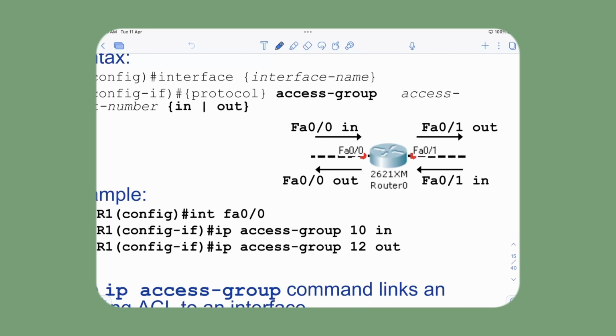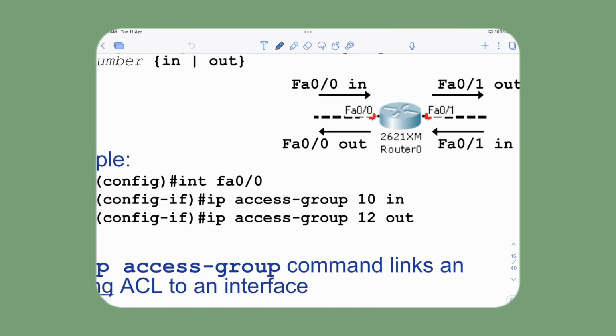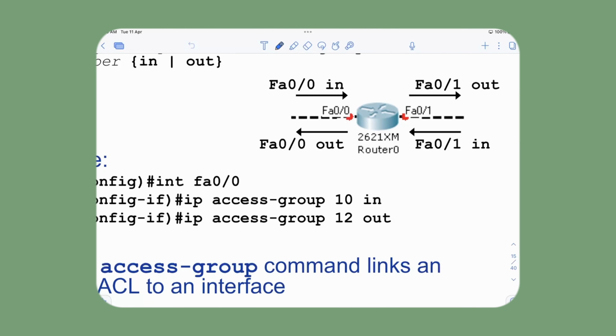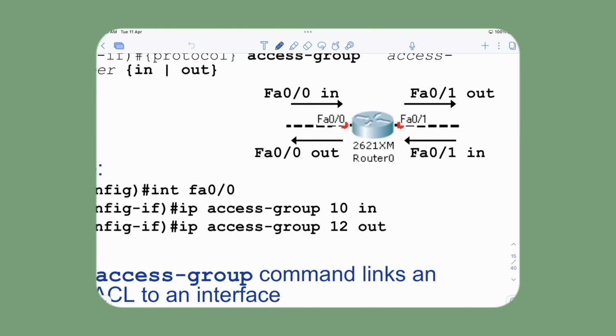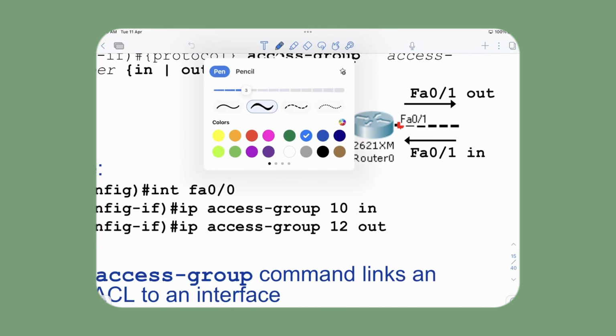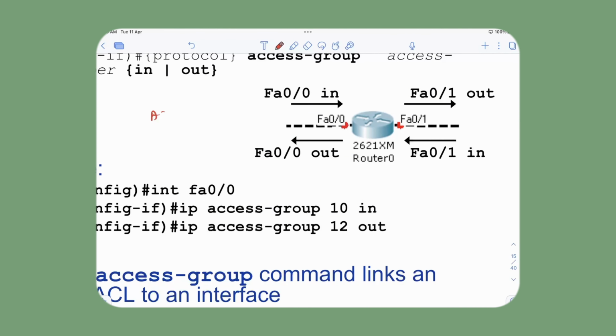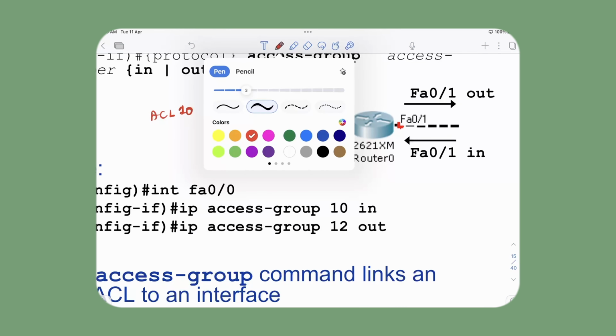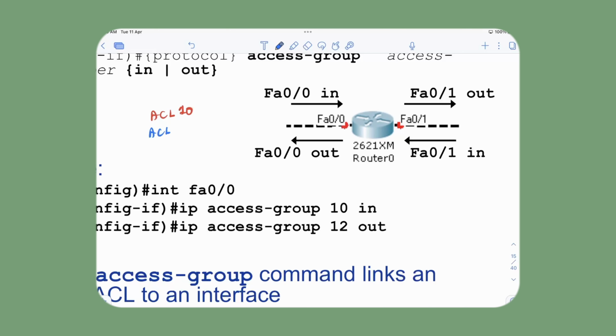Right, so now that you understand the concept, let's look at the command. When we want to put the ACL on one of these interfaces, we first have to go into the interface that you want. For example, if today I have ACL10, and I have two ACLs, one more is called ACL12.